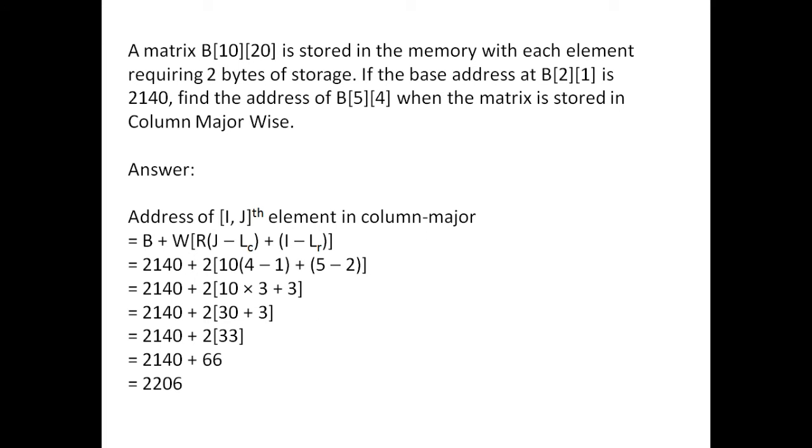Once you know these and the formula, for column-major the formula is B plus W, then bracket R, then bracket J minus LC, plus I minus LR, then the brackets are closed. If you know this formula and the values from the question, you can easily write down the answer. The calculation is very simple arithmetic, I don't think I have to teach this part.